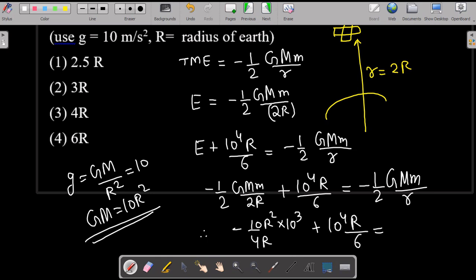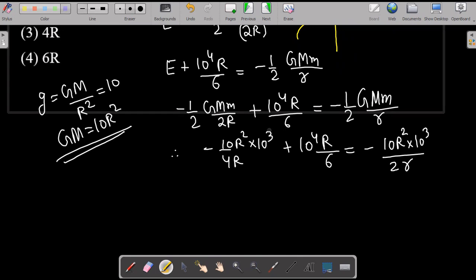Again here also GM is 10 R square. Mass is 10 to the power 3. 2R. This r is small r we have to calculate now. So 10 to the power 4 factor is going away, right? And here the R factor is gone. Let's calculate.